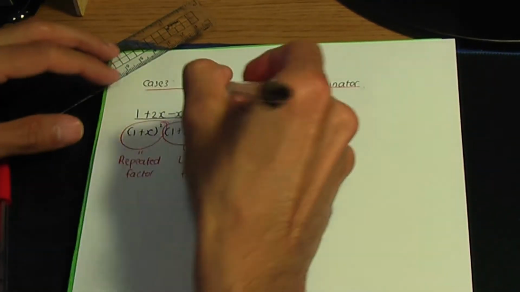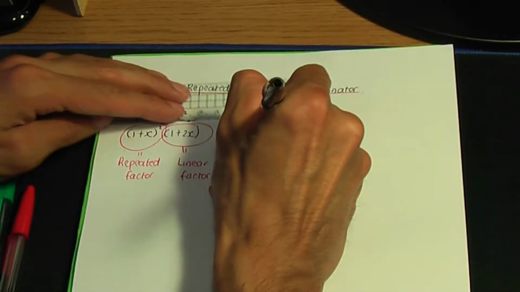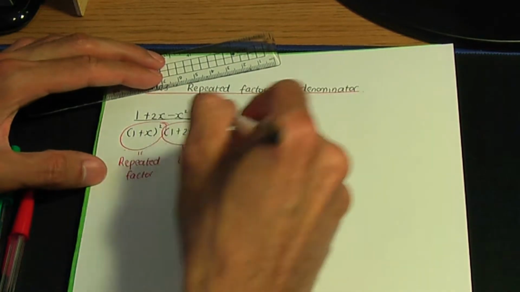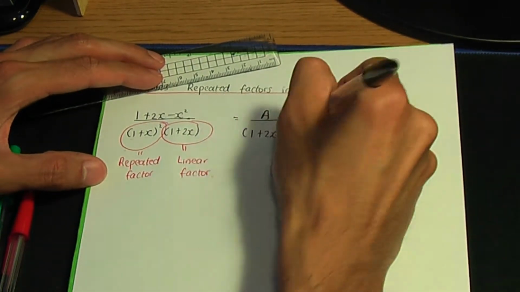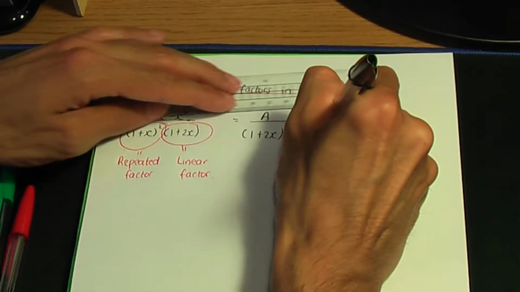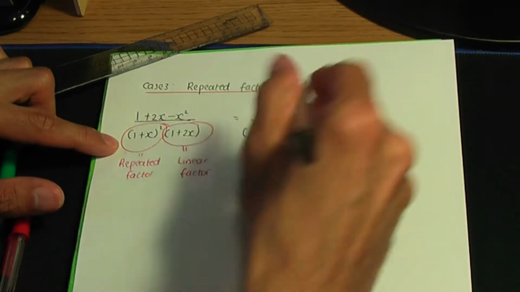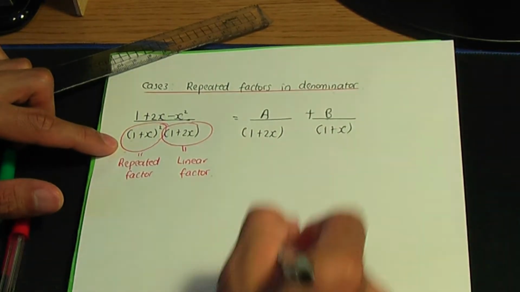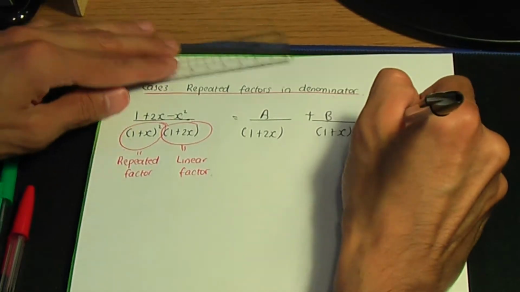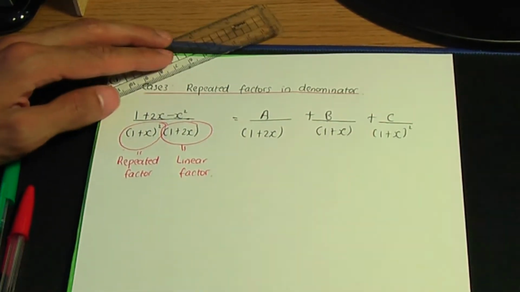If you have such a case, you could rewrite this as a divided by your linear factor, so the linear factor being 1 plus 2x, plus b divided by one of the repeated factors, so one of them is 1 plus x, plus c divided by (1 plus x) to the power 2.